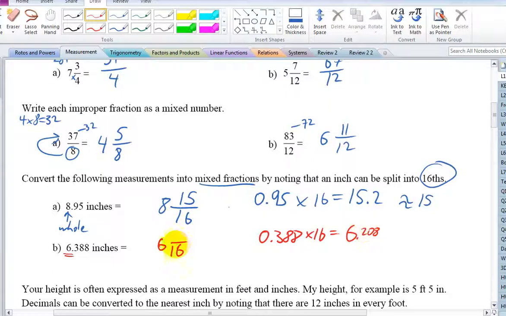Okay, so this is going to be 6 inches and 6/16. Now we shouldn't have 6/16. We should put it into lowest terms. So what can we divide by? 2. So divide them both by 2, top and bottom, and we're going to get 3/8. Okay, so 6 3/8.